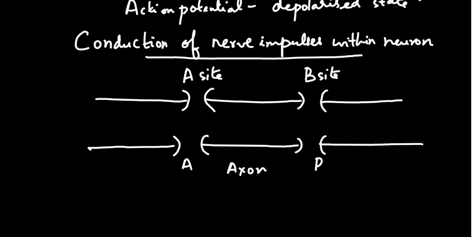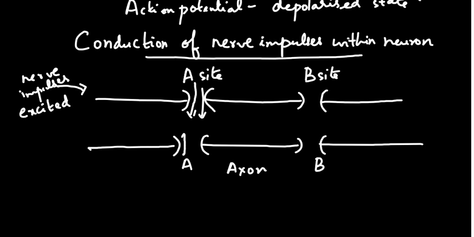So at first, when the nerve impulses reach from the cell body to the axon, the neuron is said to be excited. When it is excited, the membrane will allow more sodium ions to enter into the first site, in such a way that the A site will be positively charged inside.